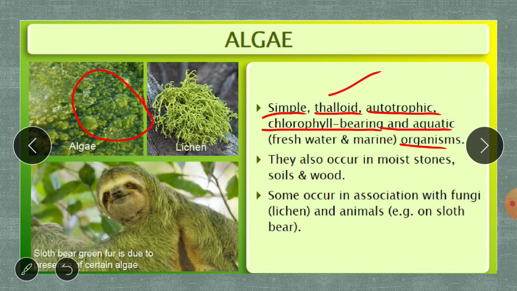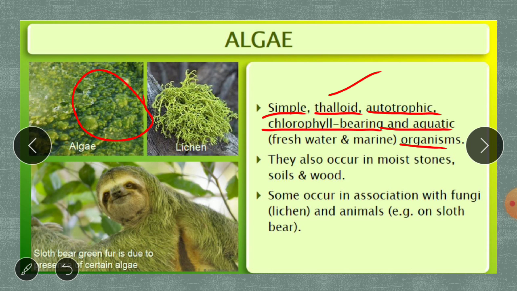If you observe the plants, they grow tall and develop into root, stem, leaves and so on. But the algae mostly do not develop the root, stem, leaves and all.